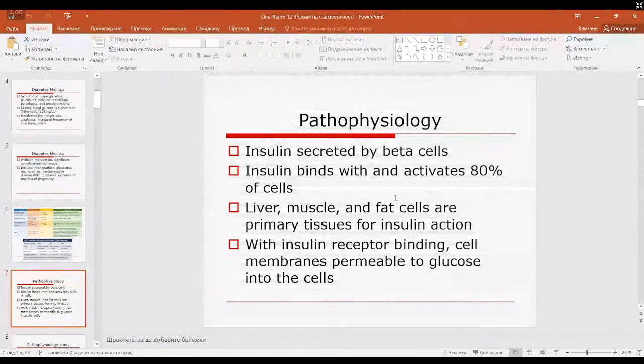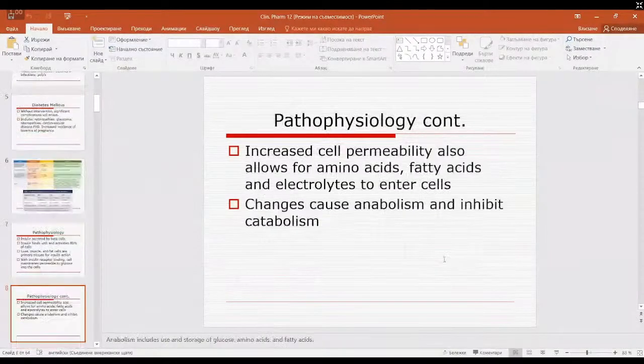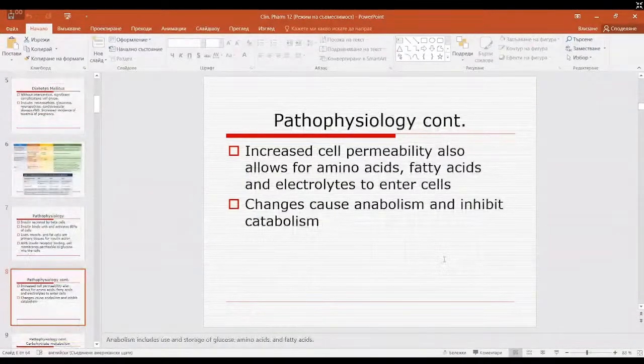And insulin receptor binding enables the glucose to enter the cells and to be used as a source of energy. And this is very important for neuronal cells and again muscle cells, because they are using glucose at a very high rate, and they're very energy dependent.